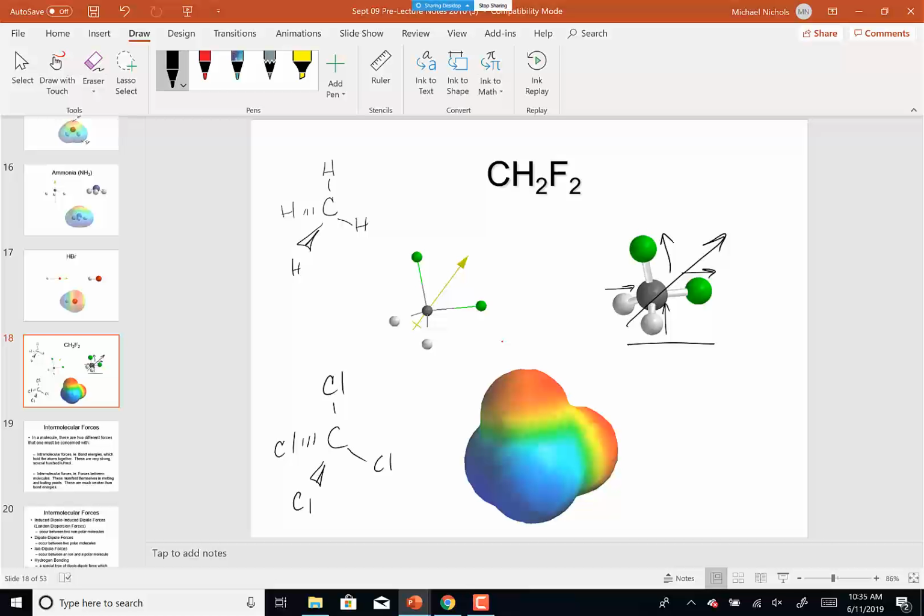Green is like negative. But notice the shade of green in the molecule. Is there any variation? It's all the same color green, right? What does that mean? That means that around the molecule, it has the same negative charge everywhere.